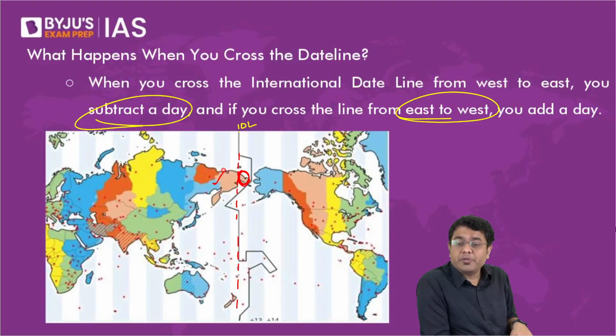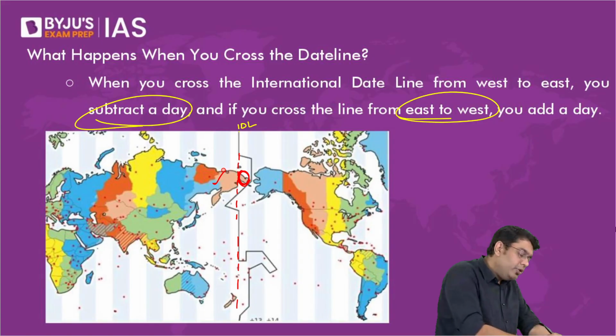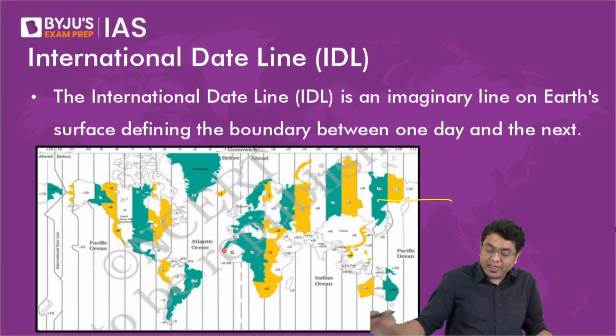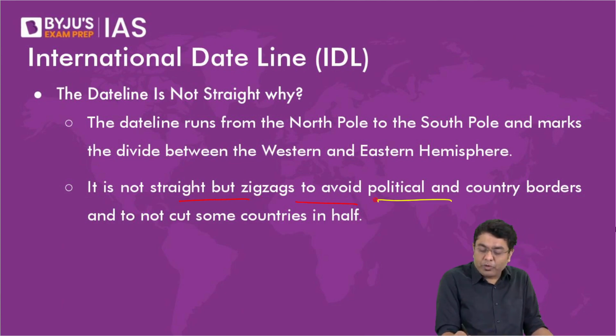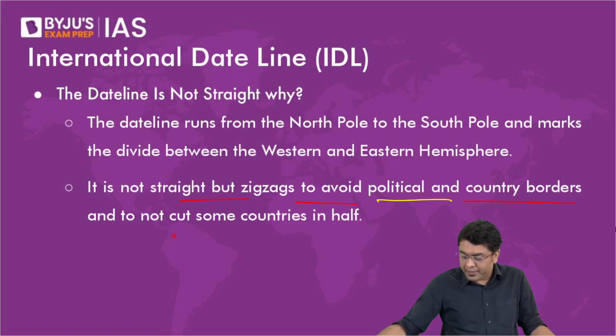Would that make much sense? Absolutely not. That is why you will find that the IDL is zigzag, to avoid the country borders, the political borders. We have written that here as well: it is not straight but zigzag to avoid political and country borders. Okay, I hope that is understood.